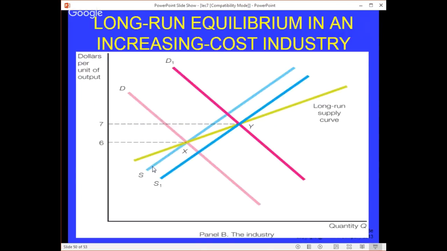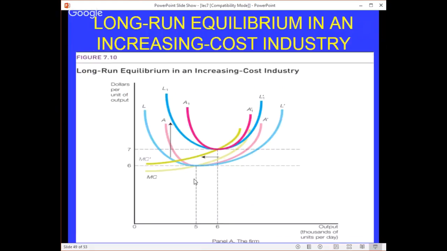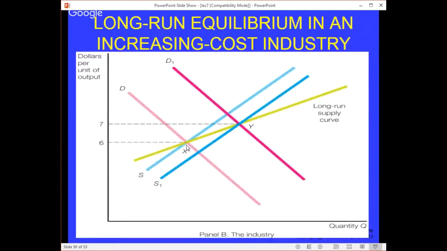What that means is what price would actually do, and it's not shown in this graph, is that initially, when demand increases, price will increase to a price above 7. At that point, there'd be an economic profit and people supply more, but the price will only decrease back to 7.